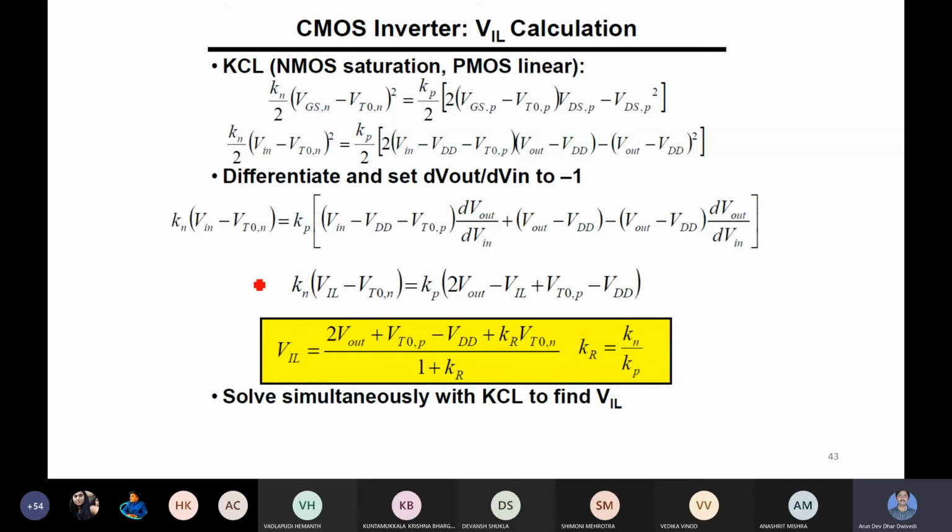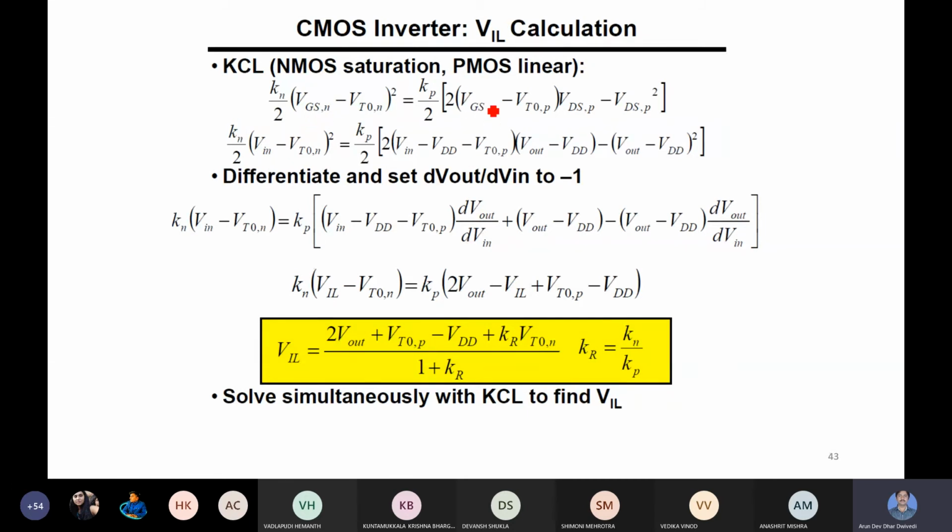a short description of this derivation is given in terms of beta instead of kn, which is also sometimes used in different examples. So beta or kn are similar. In terms of that, the same thing is given: for deriving VIL we are equating the current equation for the NMOS in saturation and the current equation for the PMOS in the linear region. Then first putting VGSN equal to Vin, the substitution I already explained.